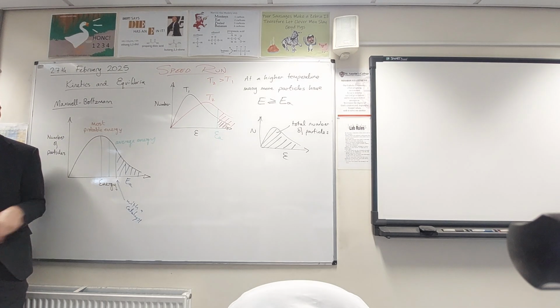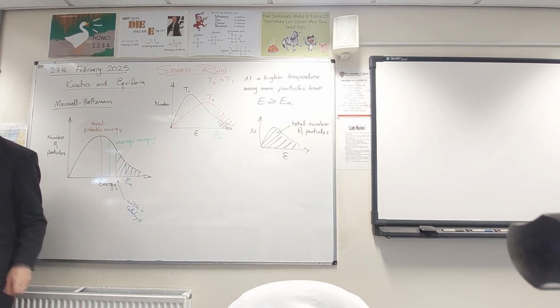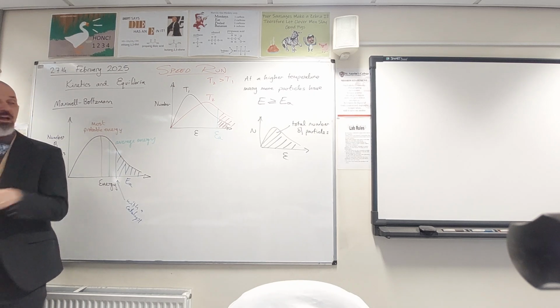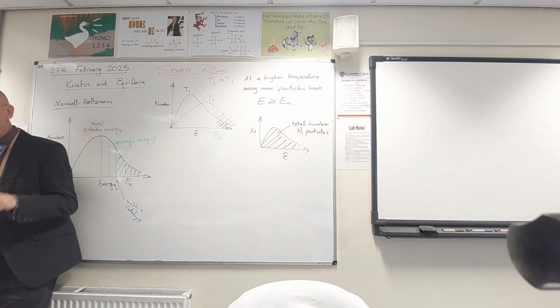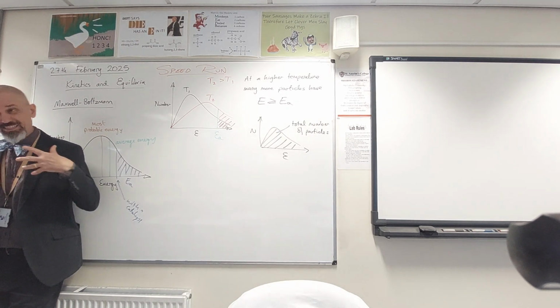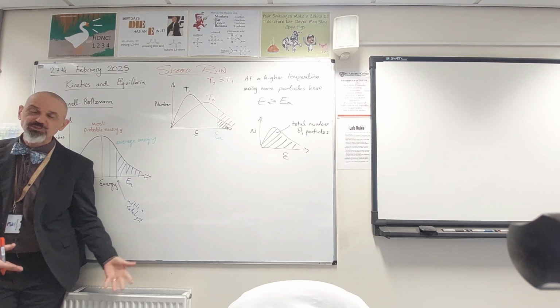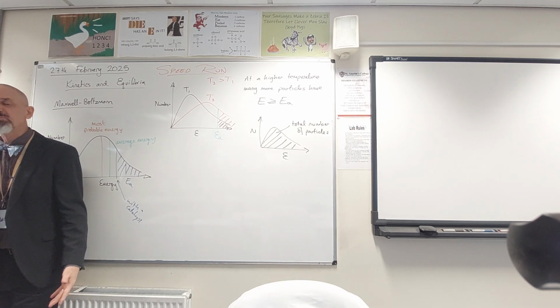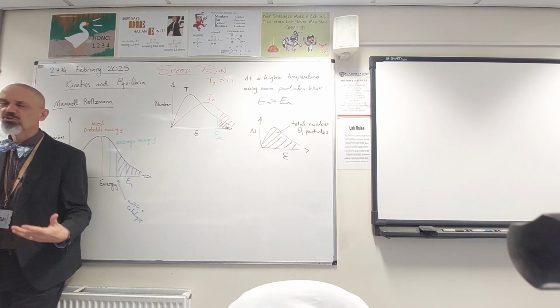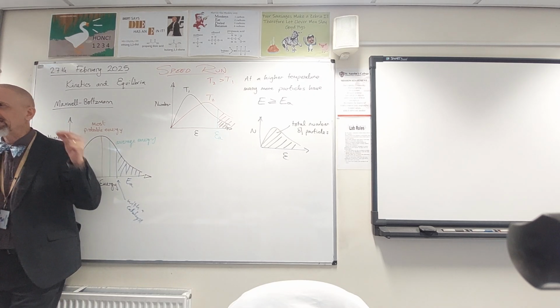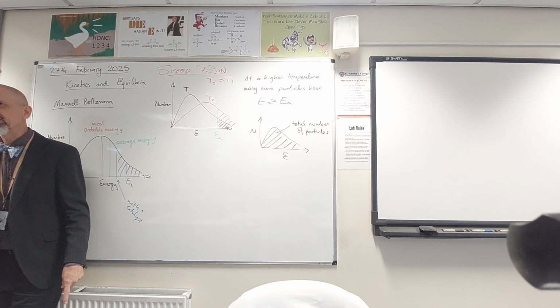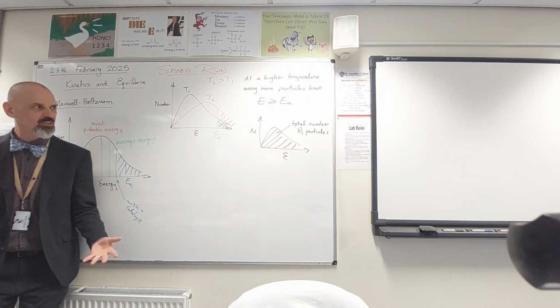No, it wouldn't be higher. Most probable energy would be the same. Yeah, if it's the same temperature, because the average kinetic energy of particles is what temperature is. When you're measuring temperature, you're measuring the average kinetic energy of particles. Although that seems miraculous that you could do that with a glass rod with a bit of mercury inside, that's what you're measuring.